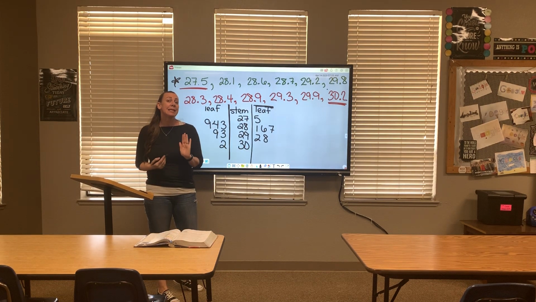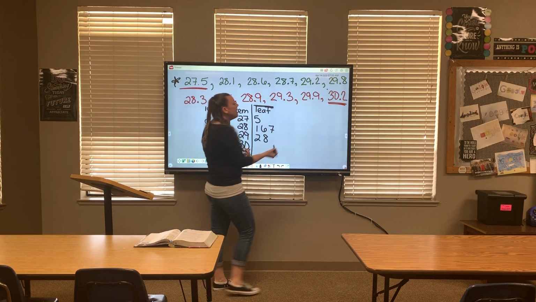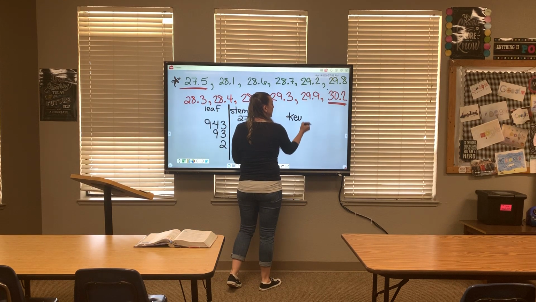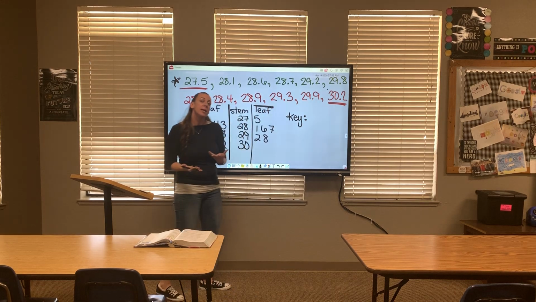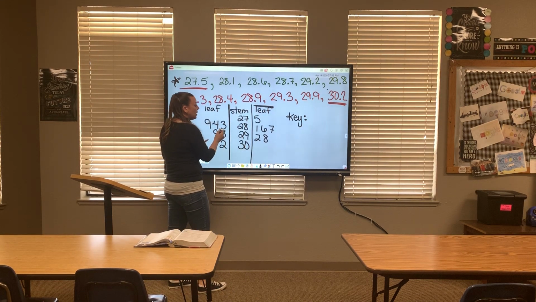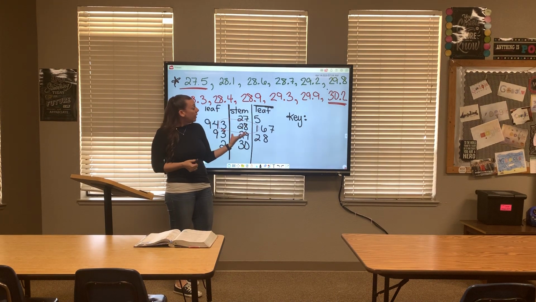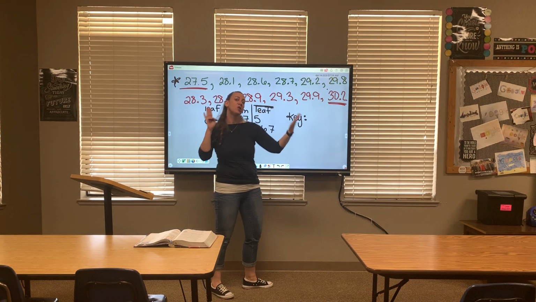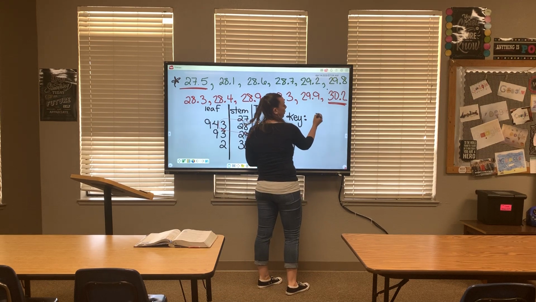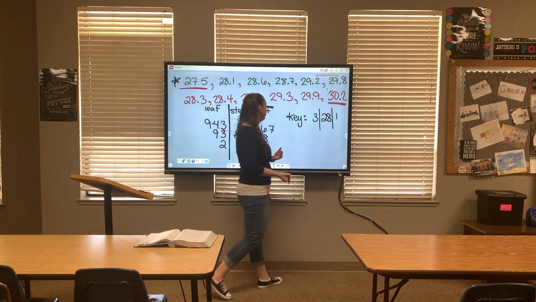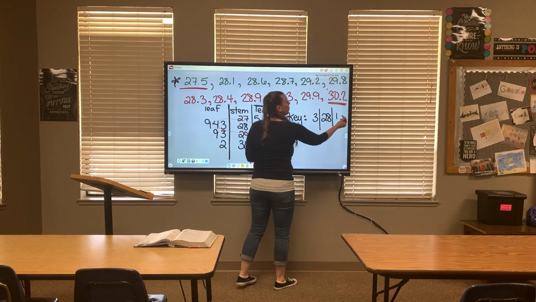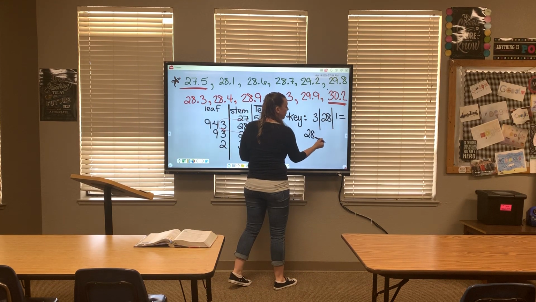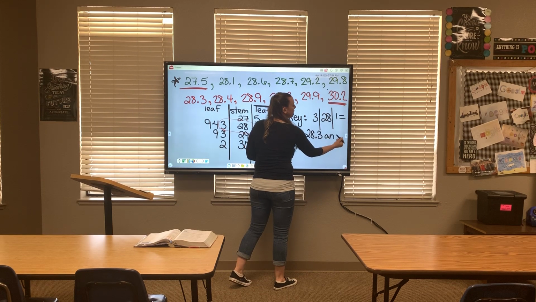Now, my last step is I have to create a key. So my key for this, I have to use something that has numbers on both of them. So I'm going to use the 28 interval because that one has information on both sides. So I'm going to say 3, the line, 28, the line, and then 1, and that equals 28.3 and 28.1.